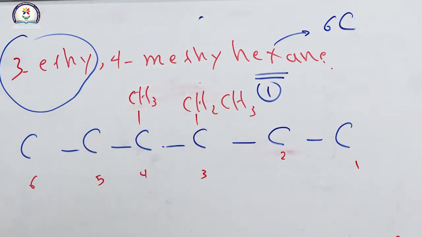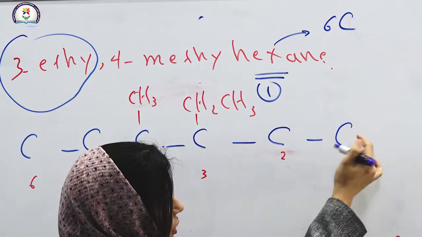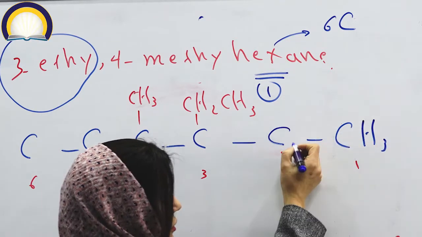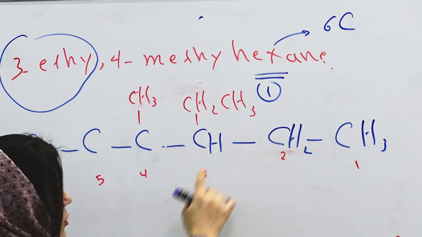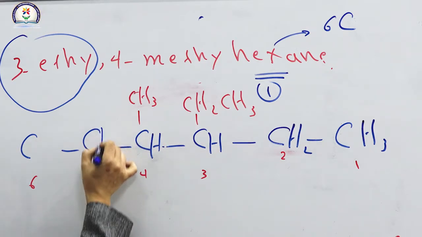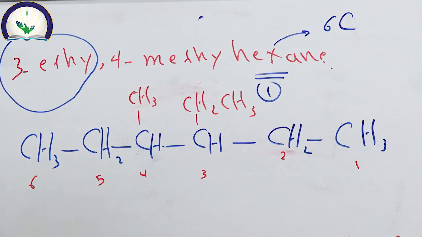I am going to distribute the hydrogen atoms. How many hydrogen atoms does it need? Because it has 1 covalent bond, it needs 3 hydrogen. This needs 2 hydrogen, this one also 2, and this 3.